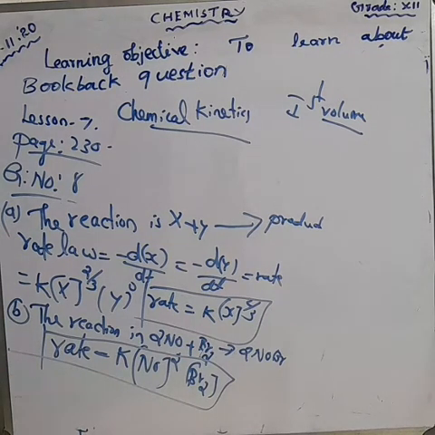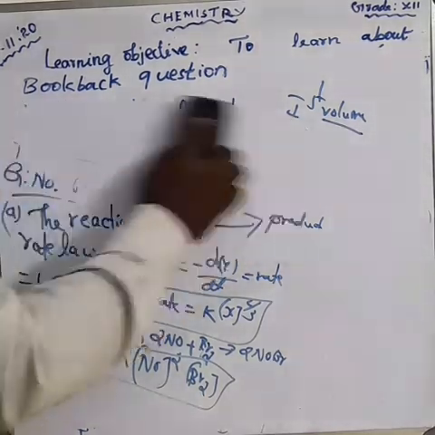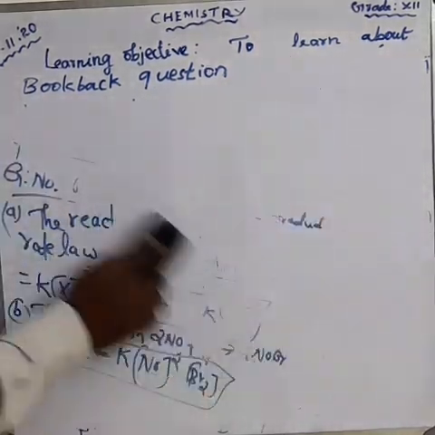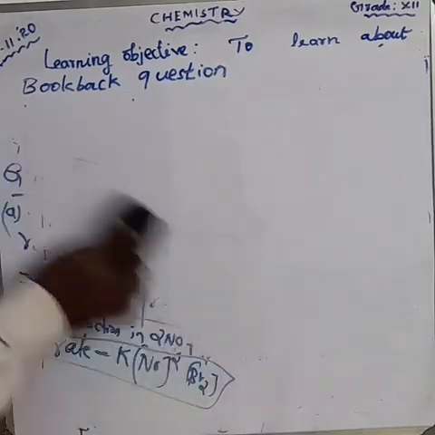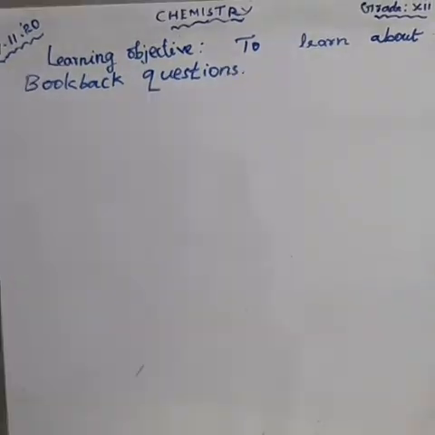Next we shall write the 10th question answer. The 10th question is a very important question. The rate law for a reaction of A, B and C has been found to be rate is equal to K [A] squared [B] [C] to the power 3/2.